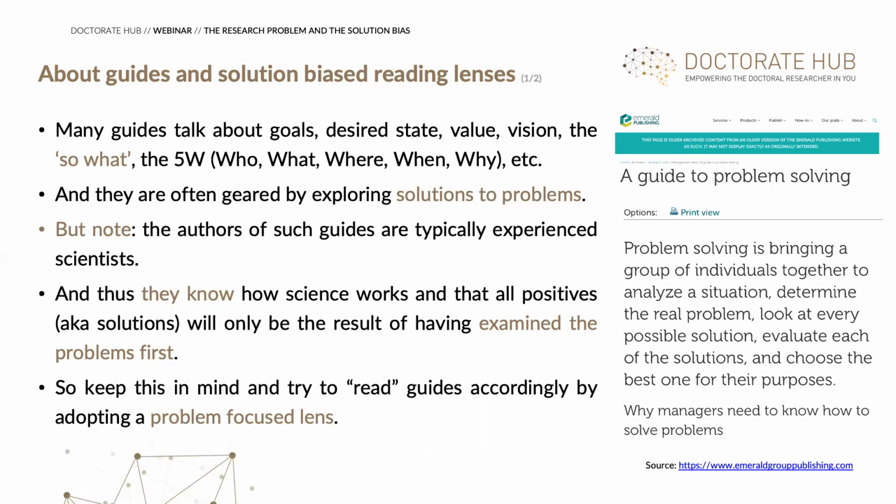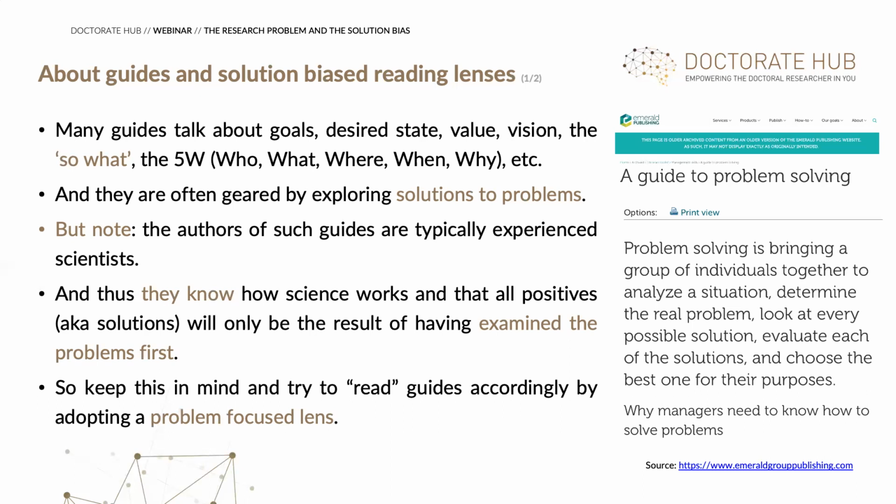On the right side, you see from Emerald, a guide to problem solving. There might be very well intended literature and guides out there to help us understand how to work towards the problem solving process. However, if our focus and reading lens is on the word solving rather than on the word problem, that will determine how we read those guides.